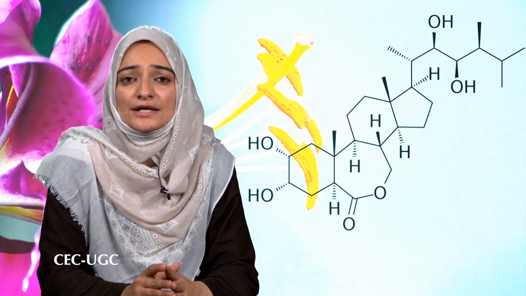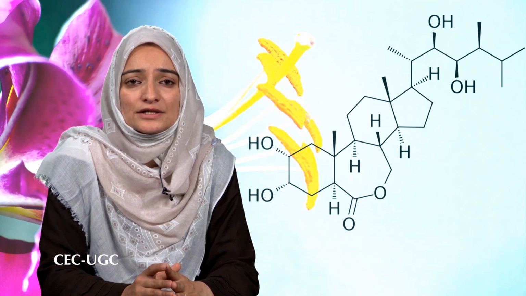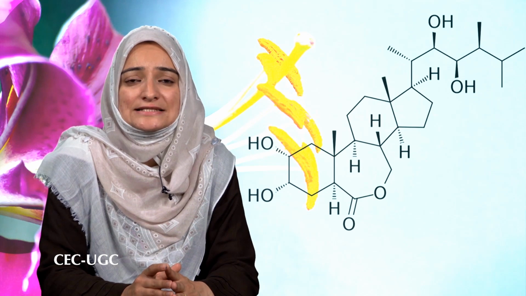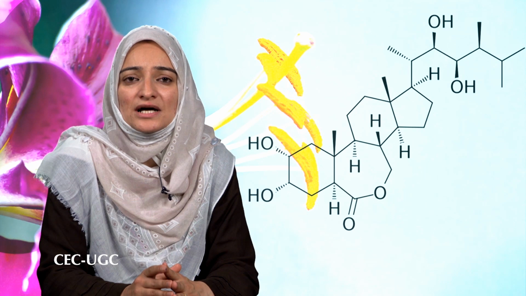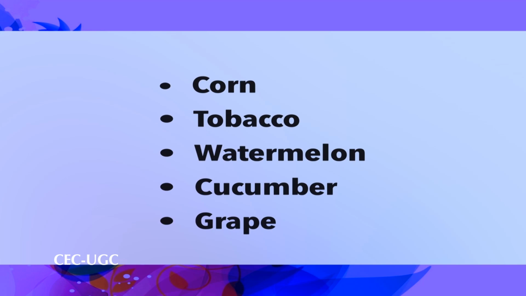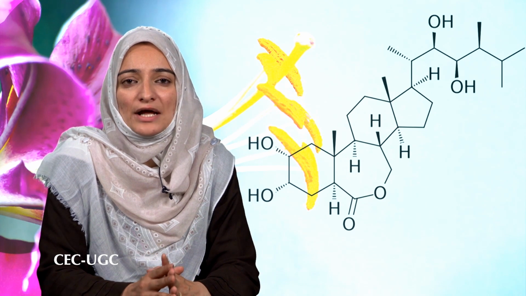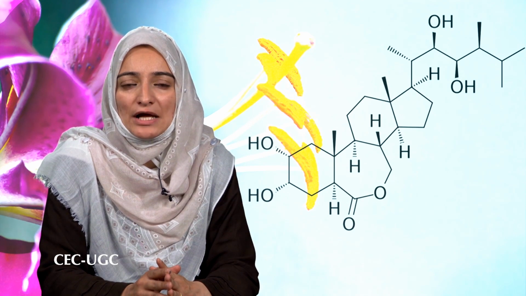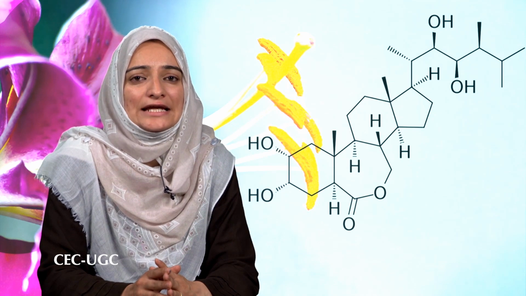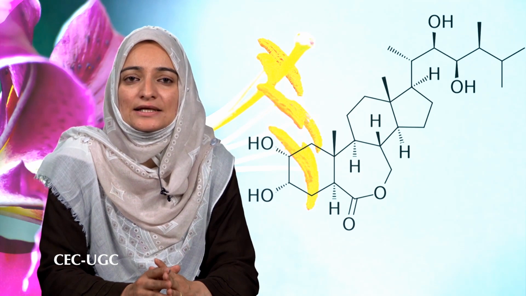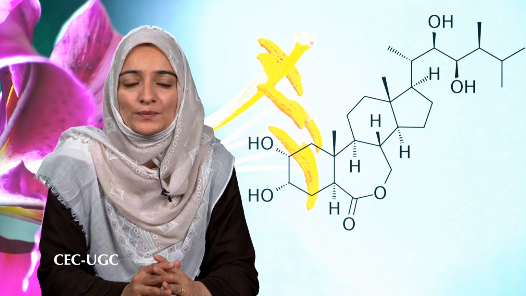Application of 28-homobrassinolide and 24-epibrassinolide significantly increased the yield of potato, mustard, rice and cotton, Vigna radiata, and that of corn, tobacco, watermelon, cucumber and grape respectively. Foliar application of brassinolide, 24-epibrassinolide and 28-homobrassinolide was highly effective in enhancing the yield of groundnut and tomato.